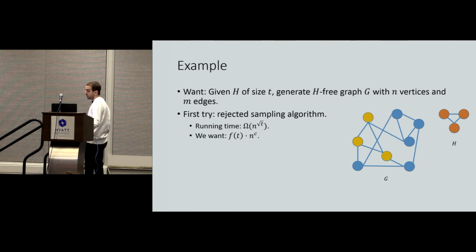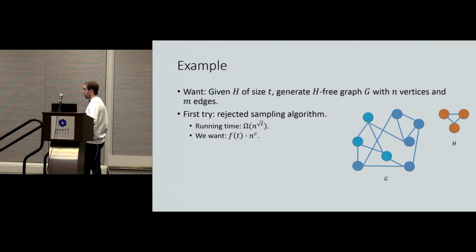What we would have liked is a running time of f of t, where f is some function of t, times n to the c, where c is a constant that does not depend on t. So this method seems to fail, and indeed the exponential time hypothesis implies that general testing for subgraphs cannot be done in this time.